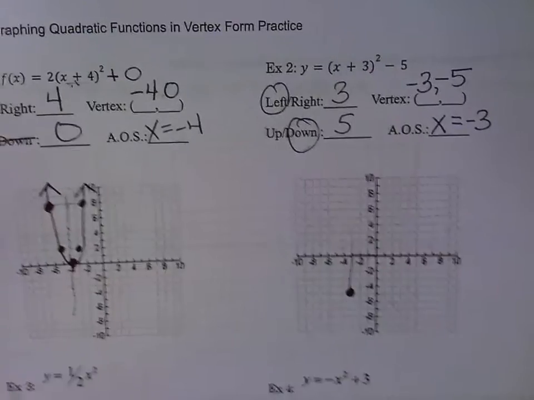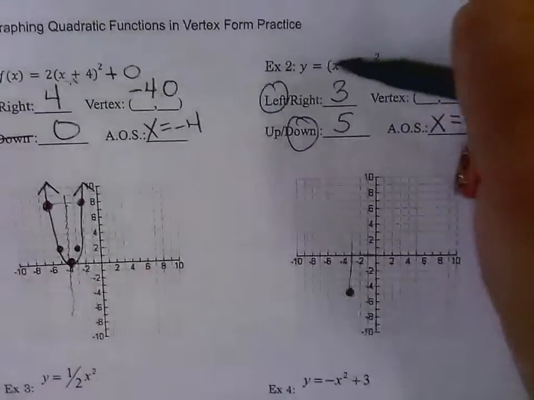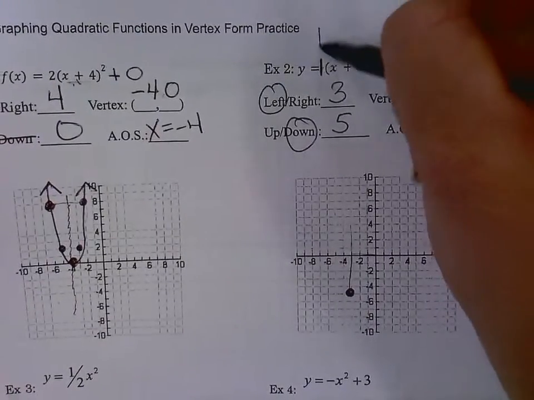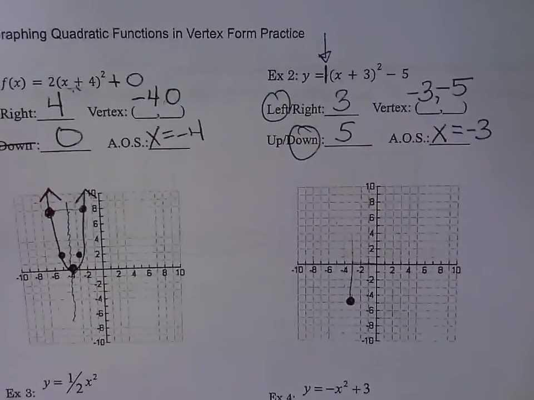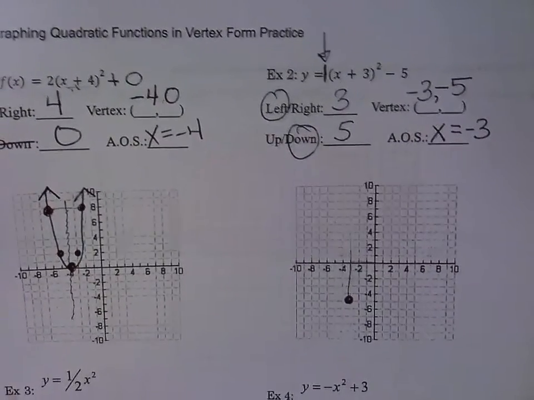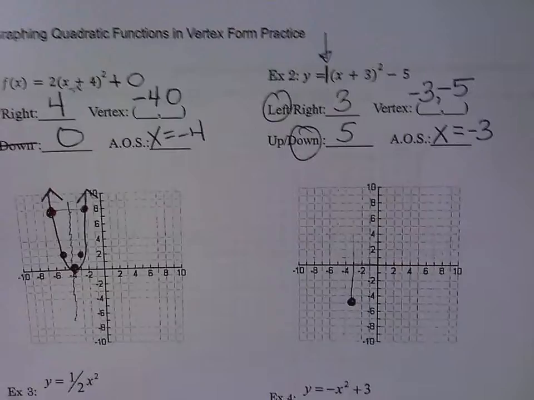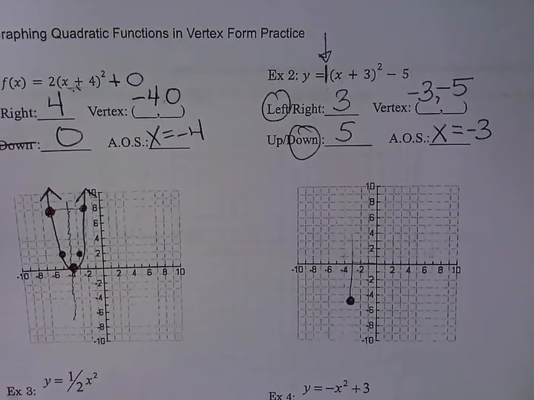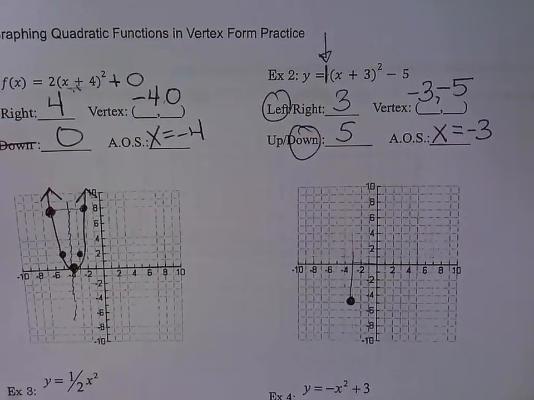What's my a value this time? So there's an imaginary little 1 sitting there in front of that parenthesis. So it's just this parent set of moves from the vertex. 1, 1, 2, 4, 3, 9.